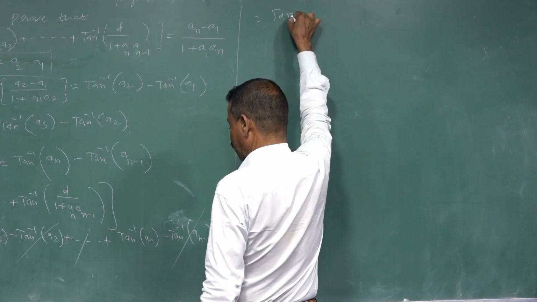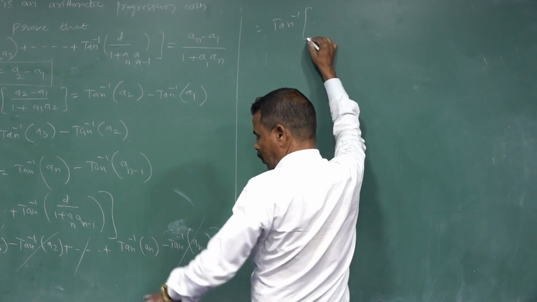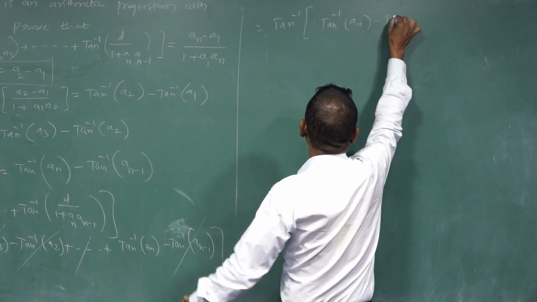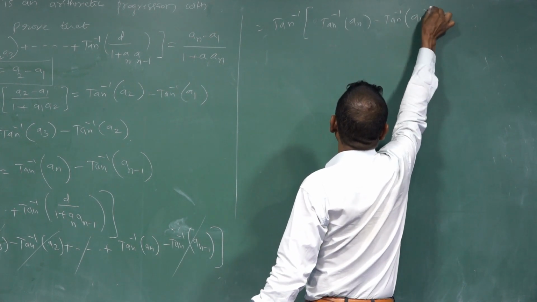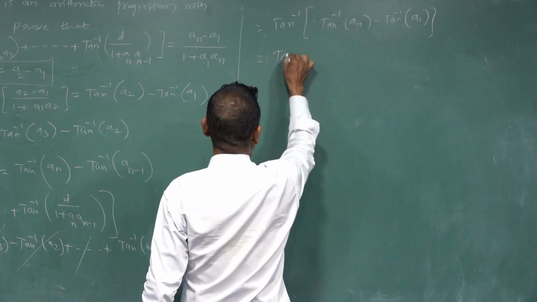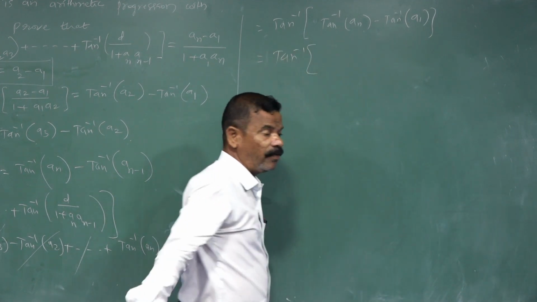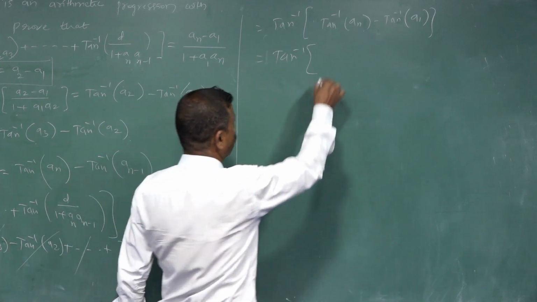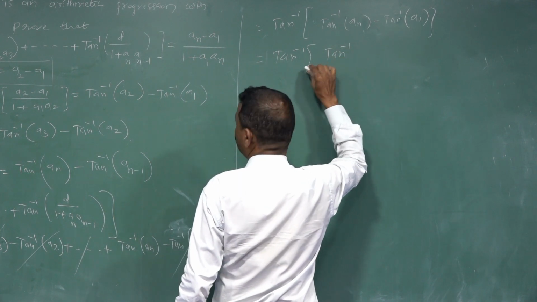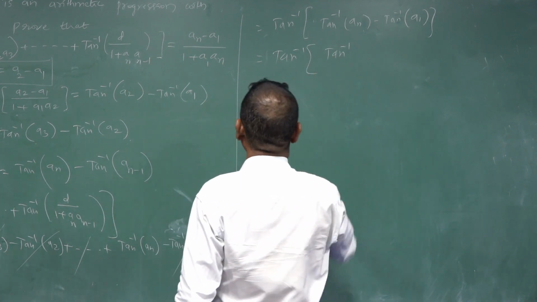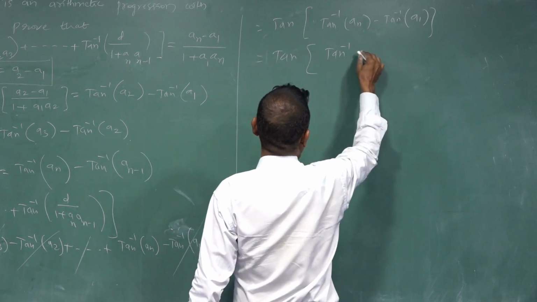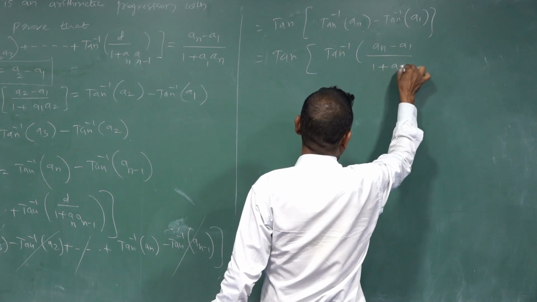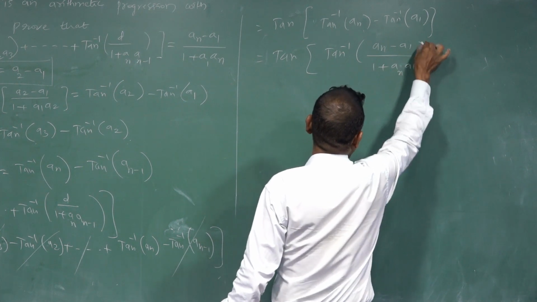Equal to, in order, tan inverse of an minus tan inverse of a1, equal to tan inverse of x minus tan inverse y, that is tan inverse of (x minus y) by (1 plus xy): tan inverse of (an minus a1) by (1 plus an a1).